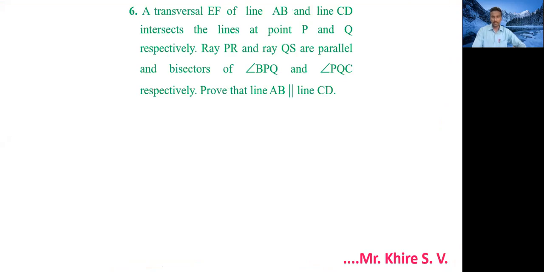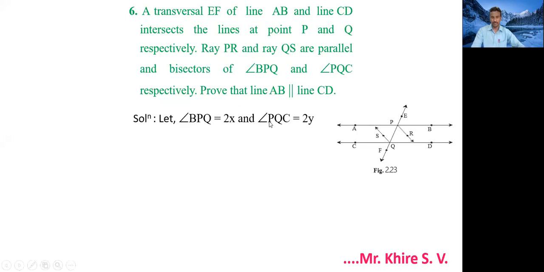A transversal EF of line AB and line CD intersects the lines at points P and Q. Ray PR and ray QS are parallel and are bisectors of angle BPQ and angle PQC respectively. Prove that line AB is parallel to line CD. The figure is given. Here you can observe all these points in the question.